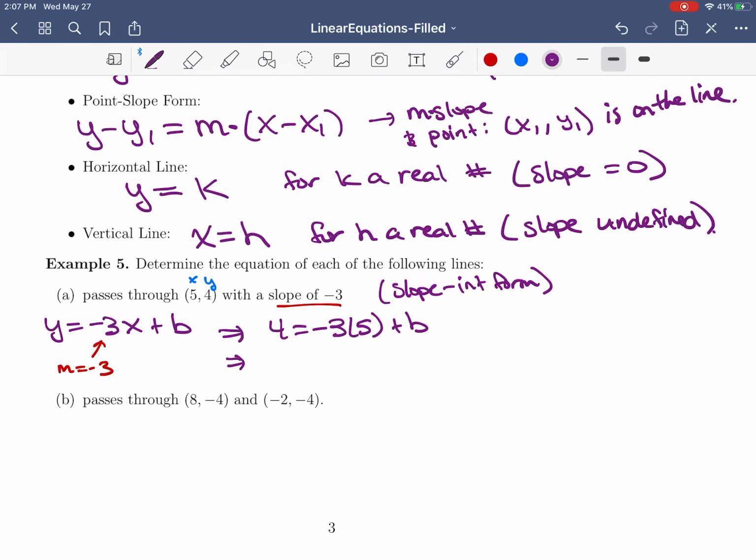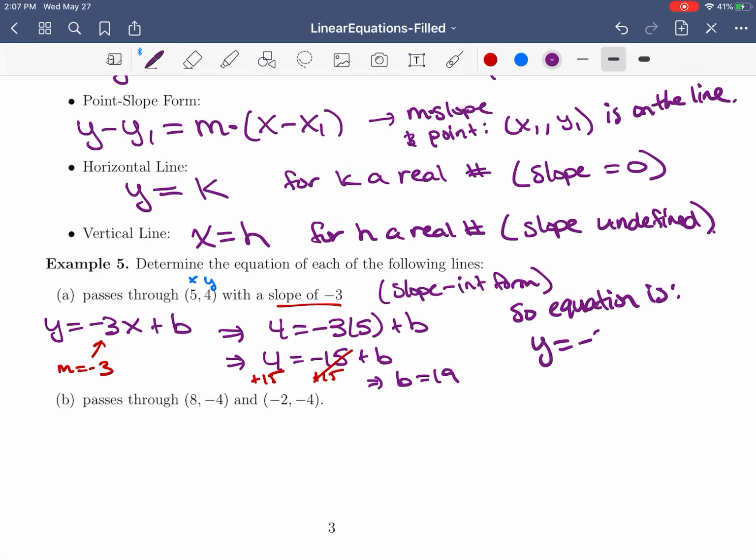Now I want to solve for b. So 4 is negative 15 plus b. Now I'm going to add 15 to both sides so that it goes away on that side, and I get b is equal to 19. So an equation for the line is y equals negative 3x plus 19.